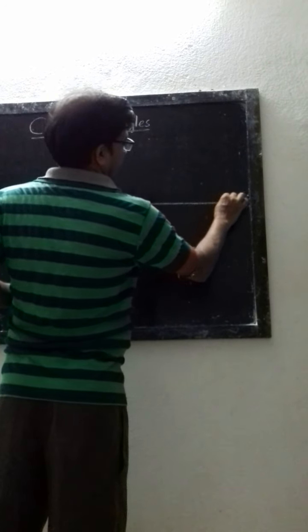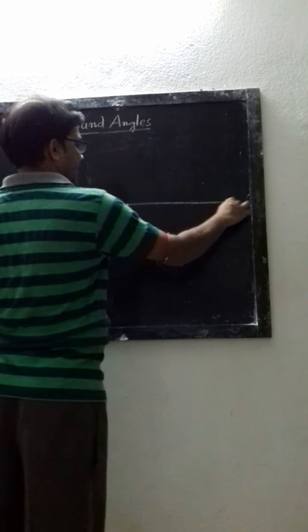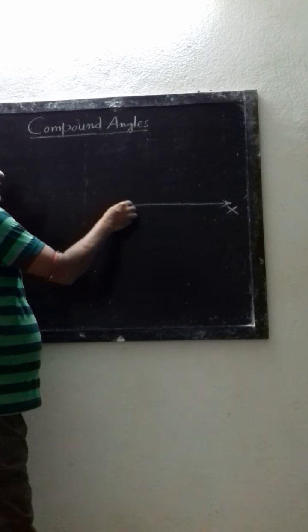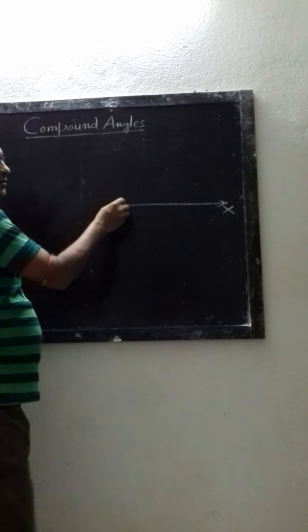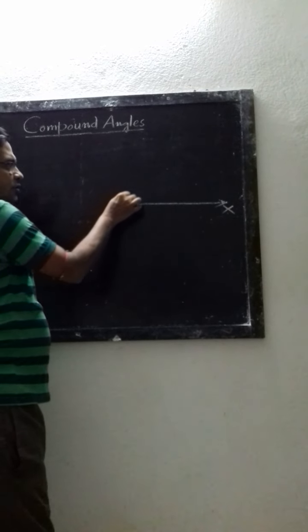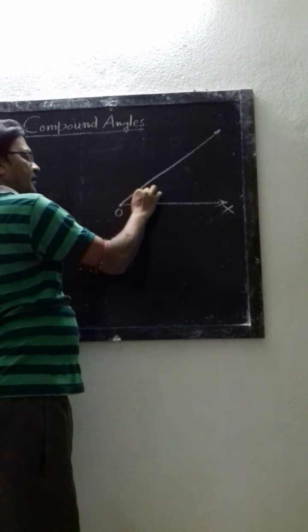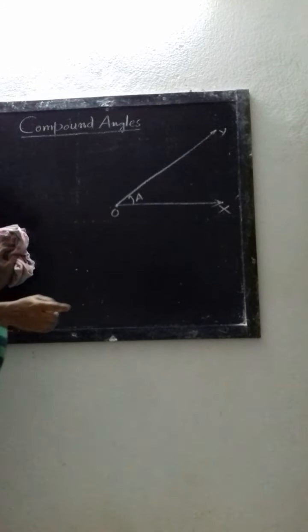Now look at this figure. Let OX be the initial line. Let the line OX move in the anti-clockwise direction about O through an angle A and come to the position OY.